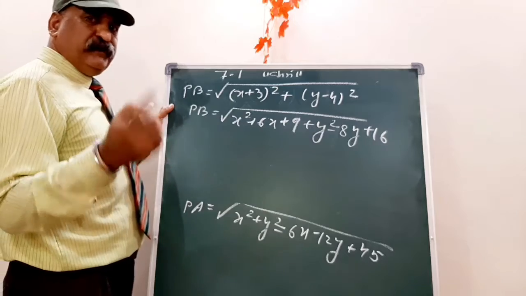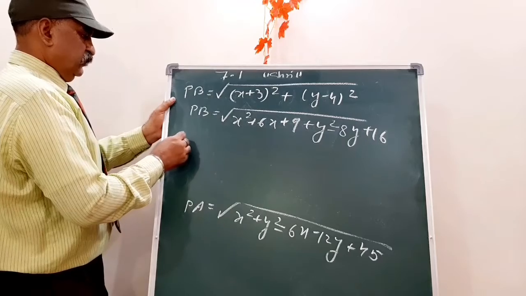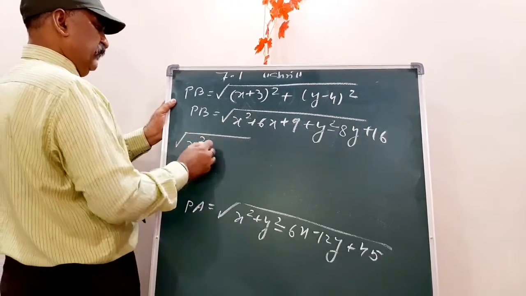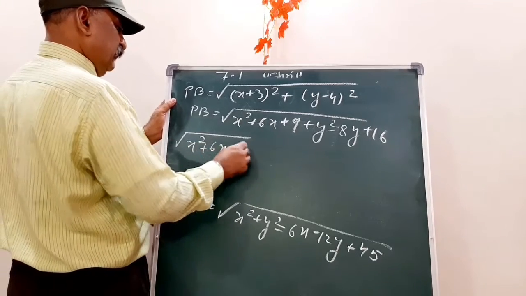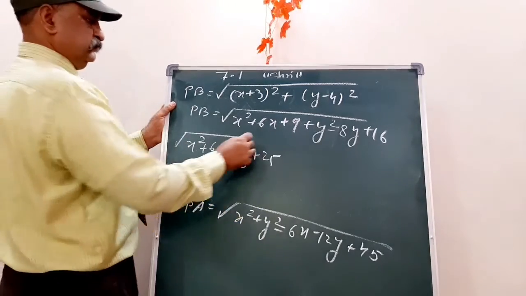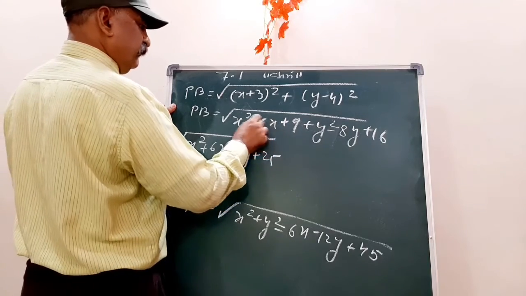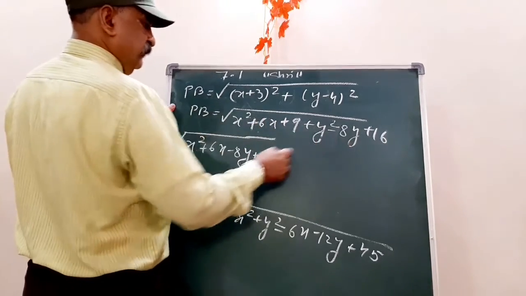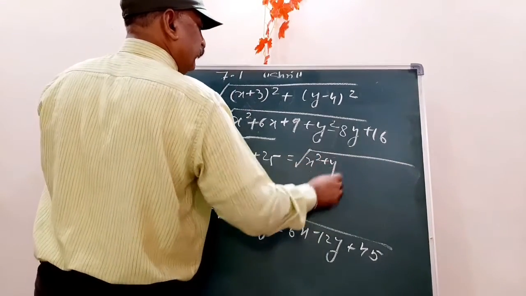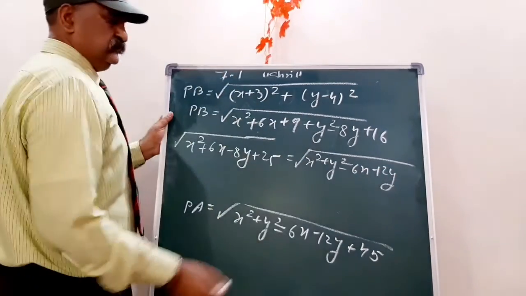And according to the question, PA and PB are equal. It means both terms will be equal. So now I am going to write here under root x square plus y square plus 6x minus 8y plus 25 is equal to under root x square plus y square minus 6x minus 12y plus 45.